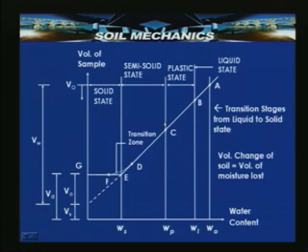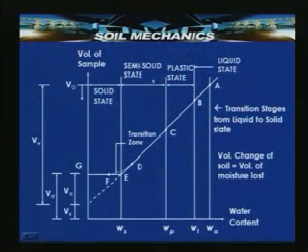You can see here the limiting water content between the liquid state and plastic state is indicated as the liquid limit, WL. If you are indicating the liquid limit in percentage, it is written as W suffix L, or if you are writing the value of the liquid limit, it is indicated as LL.